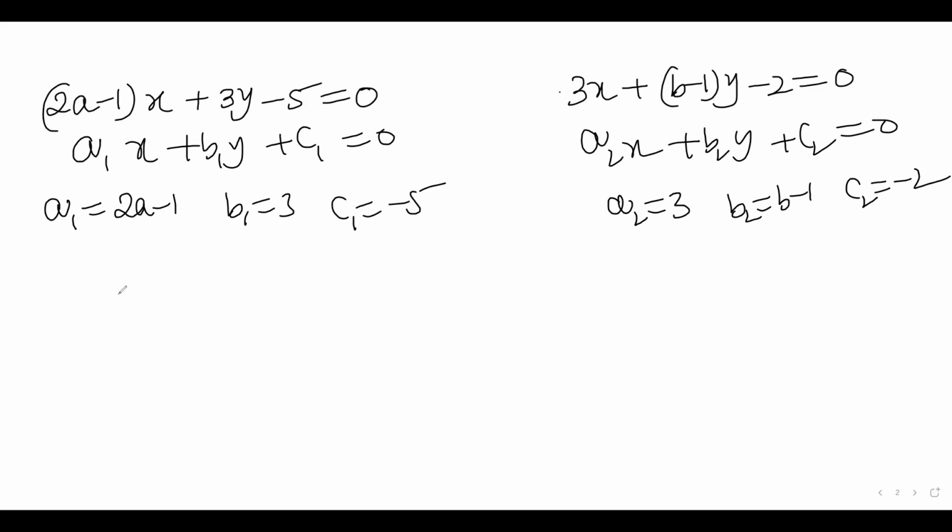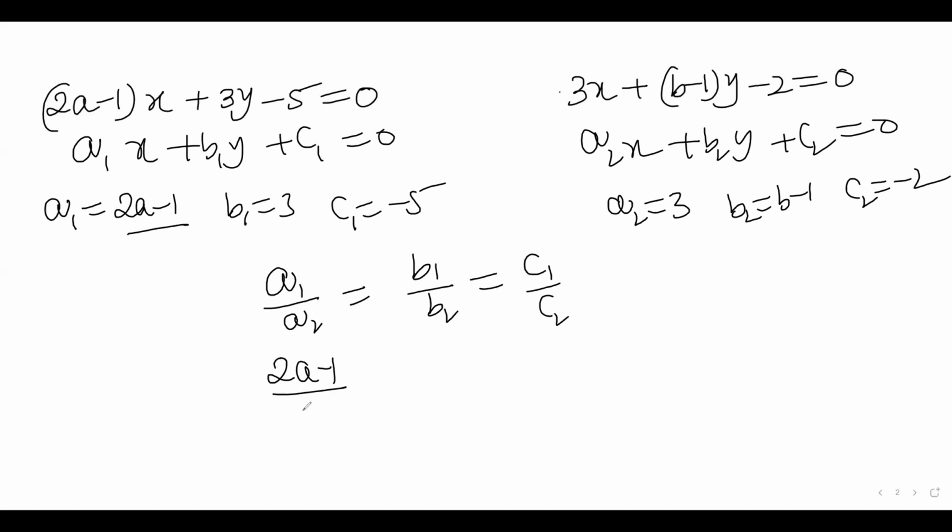So they have infinitely many solutions, means they are coincident lines. In coincident lines, we have the condition A1 by A2 is equal to B1 by B2 is equal to C1 by C2. So what is A1? 2A minus 1 by 3. What is B1? 3 by B minus 1, B1 by B2.